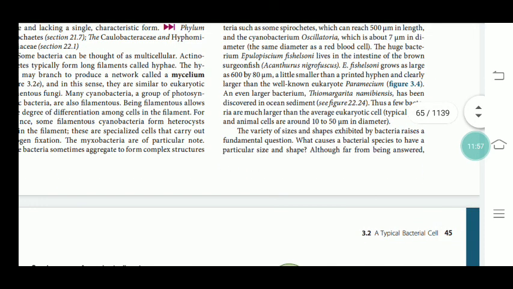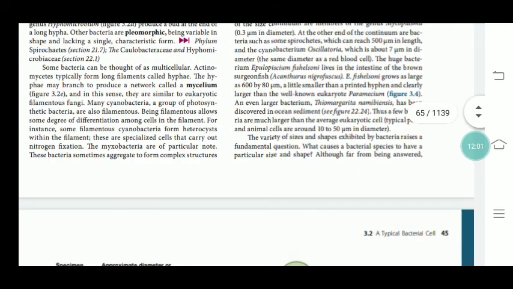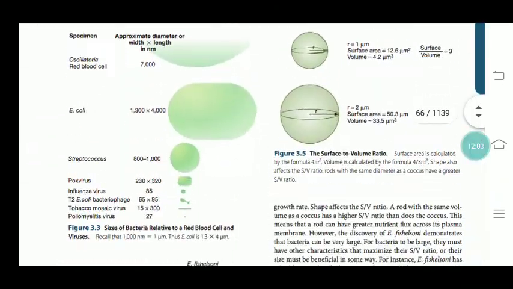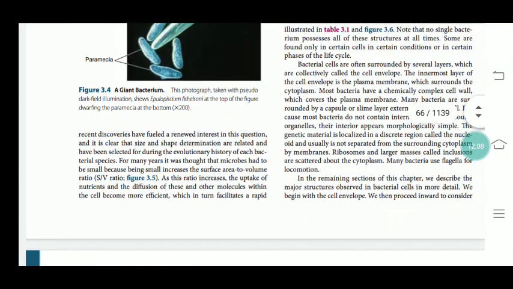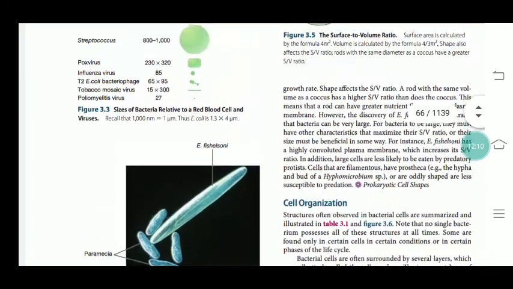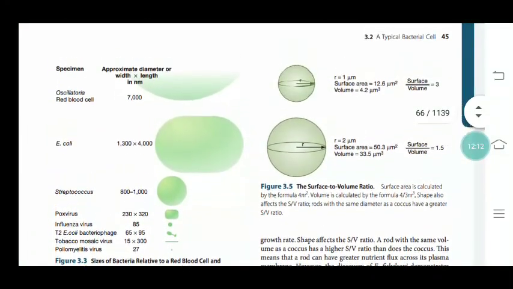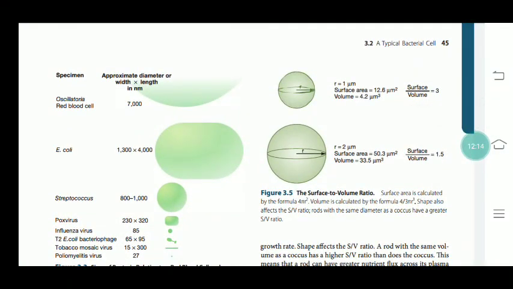The variety of size and shape exhibited by bacteria raises a fundamental question. So it's all about the size and shape of bacteria, which you can count by the surface to volume ratio.